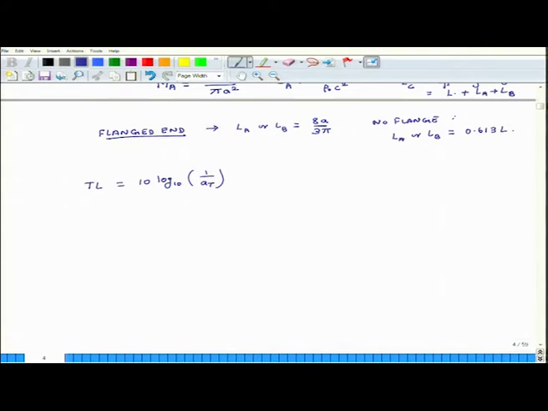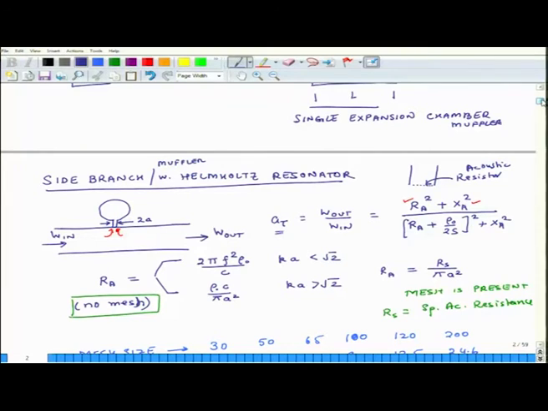So, if alpha is small, my muffler is very effective and the transmission loss number will be high. So, these are the results associated with a Helmholtz side branch muffler having a Helmholtz resonator.